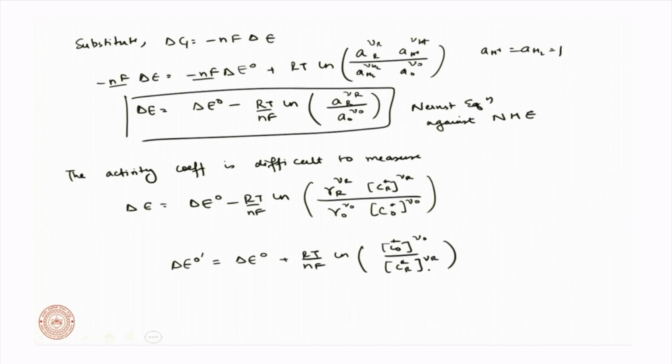Okay, so I have just flipped the denominator and numerator, that makes it plus, right, and this is your E naught star, and therefore, delta E will be equal to delta E naught prime minus RT by nF natural log of gamma_R^nu_R by gamma_O^nu_O. So, you can find out this cell voltage from concentration, and then you can measure the difference from the measured open circuit, and that gives you the activity coefficient.